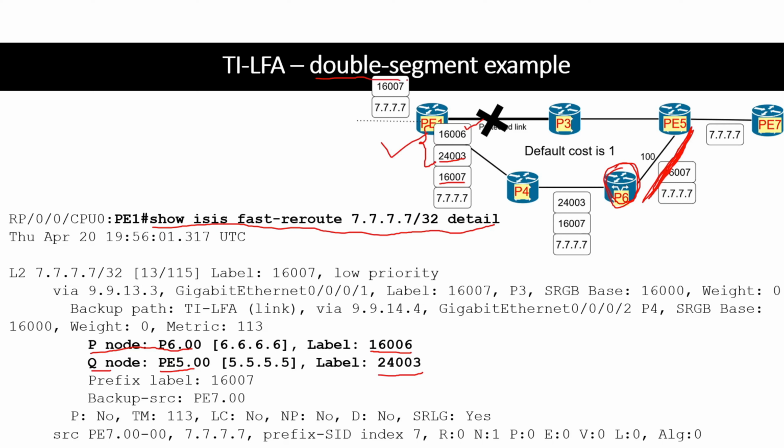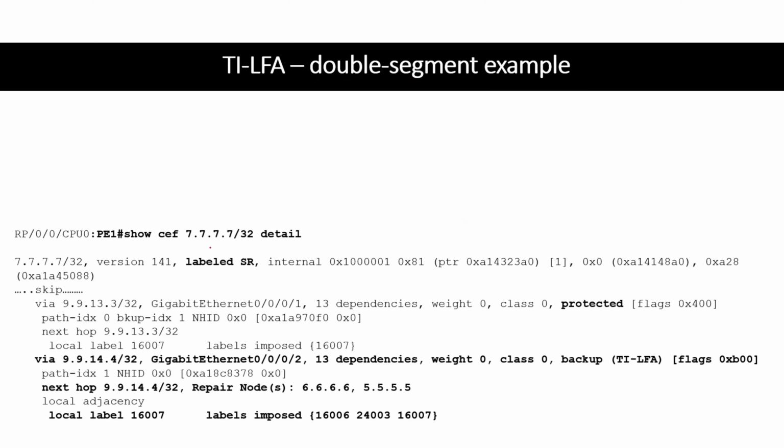That's why we call it a double segment. If we check this SAP output, you can see it is imposing two extra labels along with 16007, and the repair node is showing as P6 and PE5.